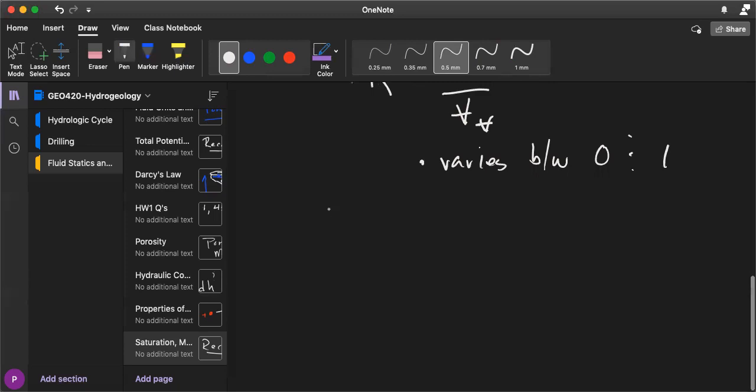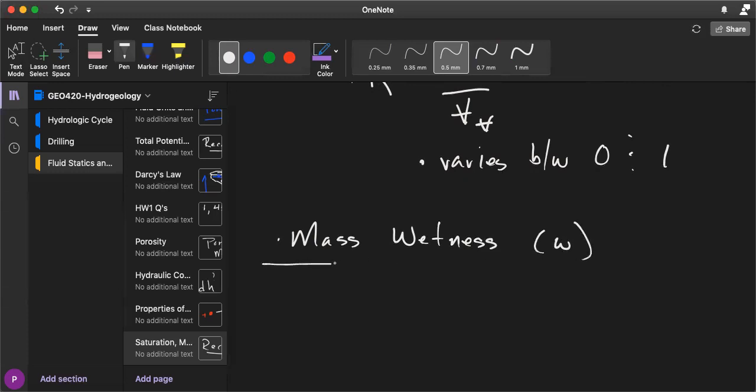All right, one more that we want to define, and that is called mass wetness. We're going to use W here.